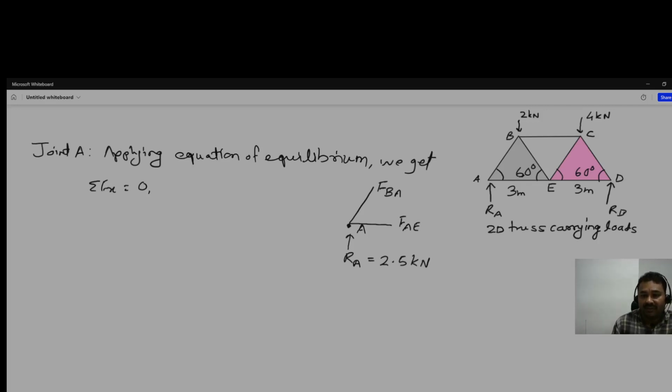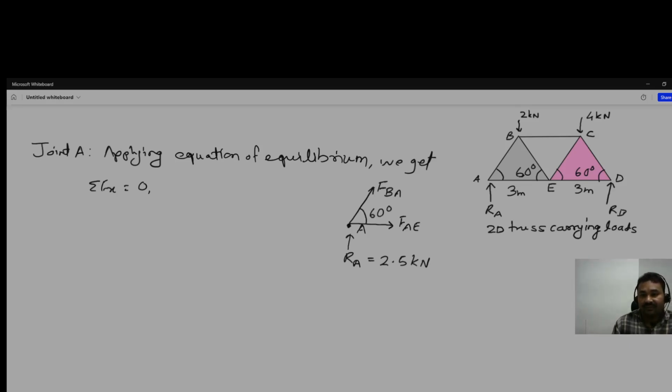So what we have to do, directions we have to take the tensile, means the arrows are away from this joint. This angle here is 60 degrees.